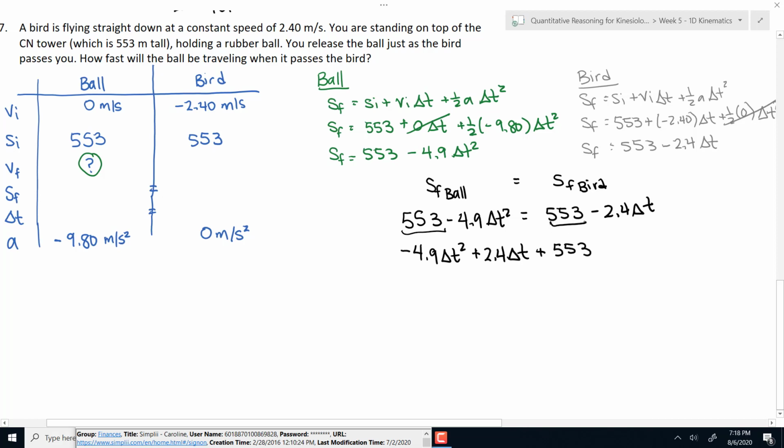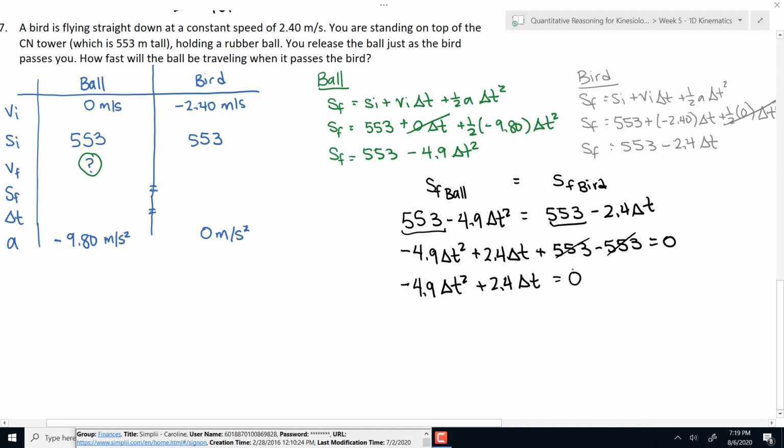And then I'm going to move the other 553 to the other side of the equal, so that's why it's now negative. And on the right side, I'm left with nothing, so 0. I'll just simplify this. Negative 4.9 delta T squared plus 2.4 delta T. 553 minus 553 is just 0. Equals 0.